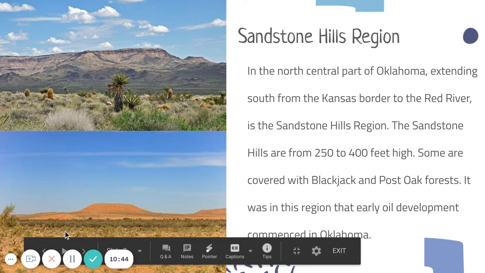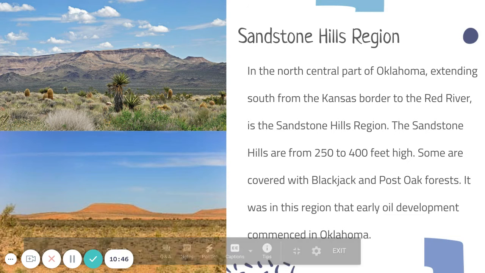We then see that the next region that we migrate into is going to be the Sandstone Hills. This region is going to be very similar to, I don't know, I grew up watching these old westerns with my grandpa, primarily John Wayne and all these other cowboys.